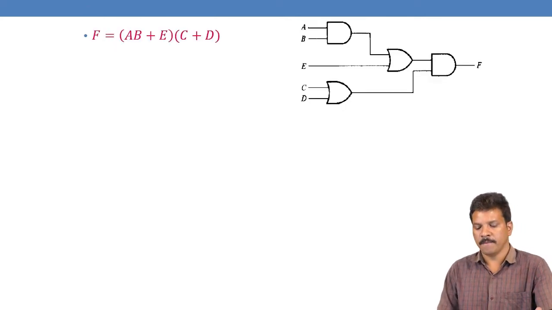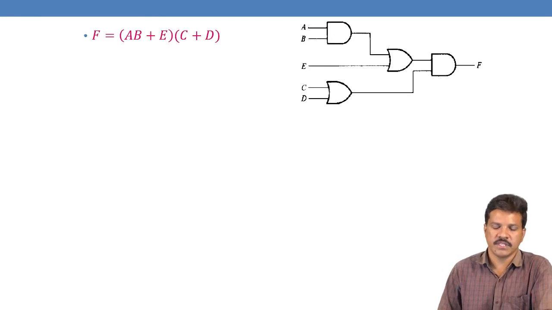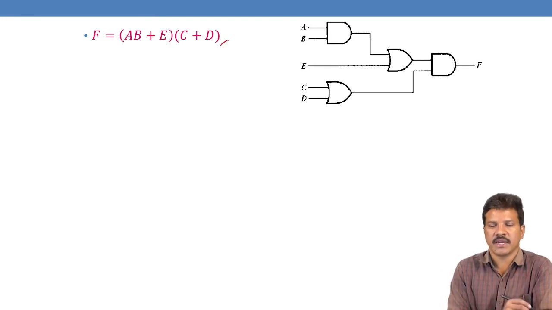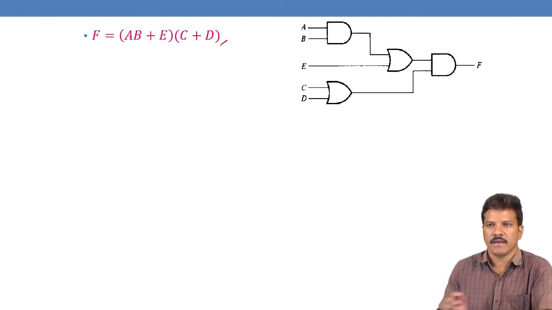This is the diagram, and this is the Boolean function we can take here: AB plus E, and C plus D. AB is the product term, plus E is the OR gate, and then C plus D is the OR gate.